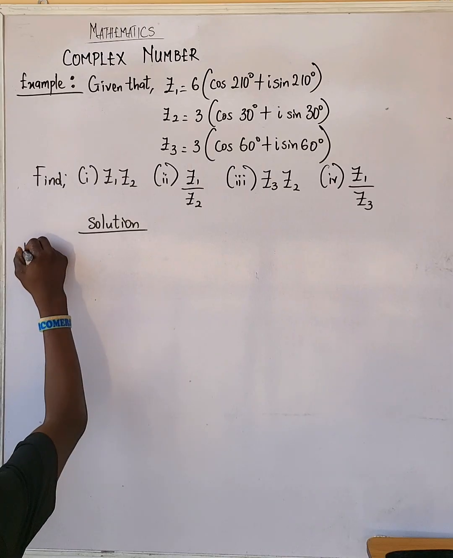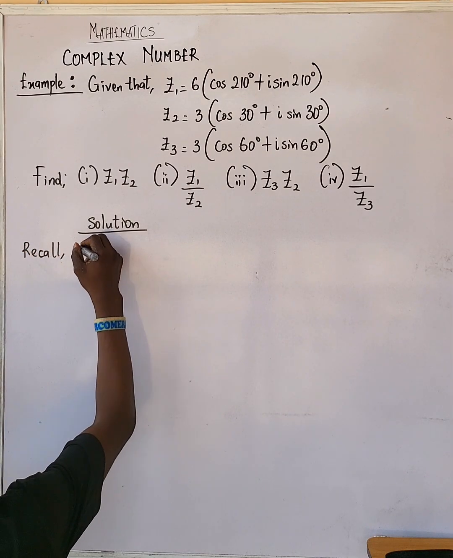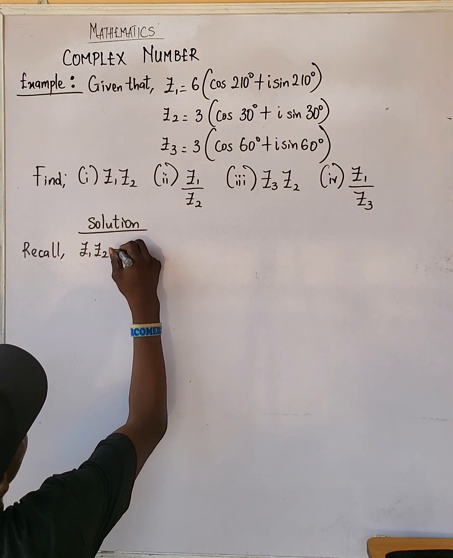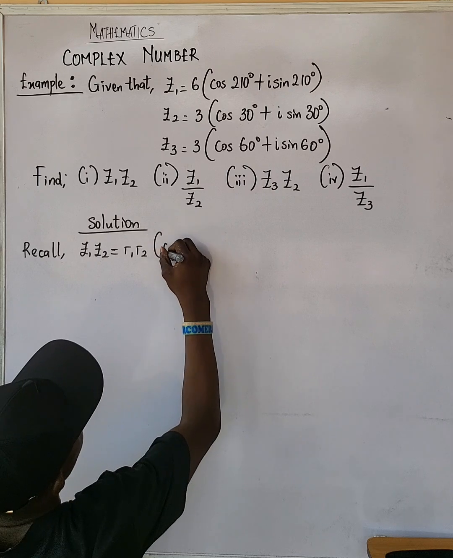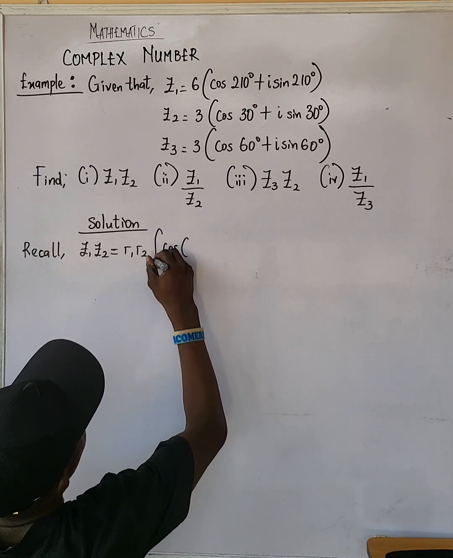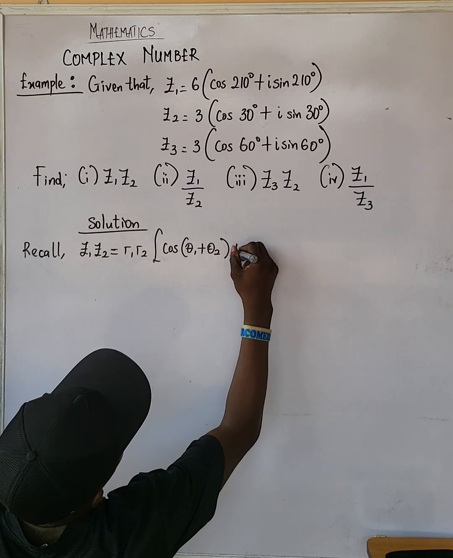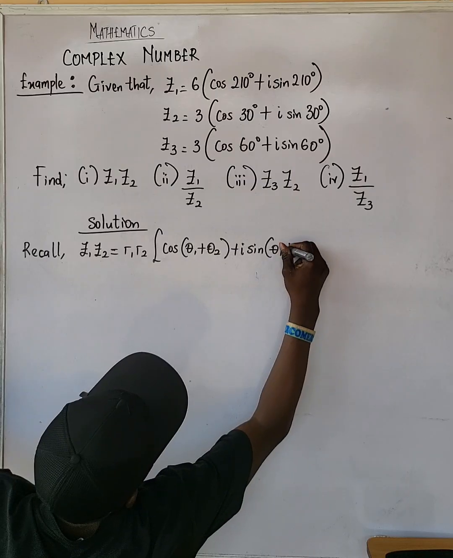Recall that the formula for z1 z2 when we proved it was r1 r2 into bracket cos theta 1 plus theta 2 plus i sine theta 1 plus theta 2.